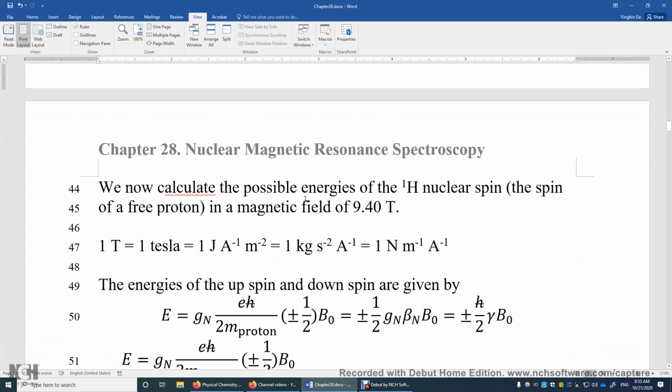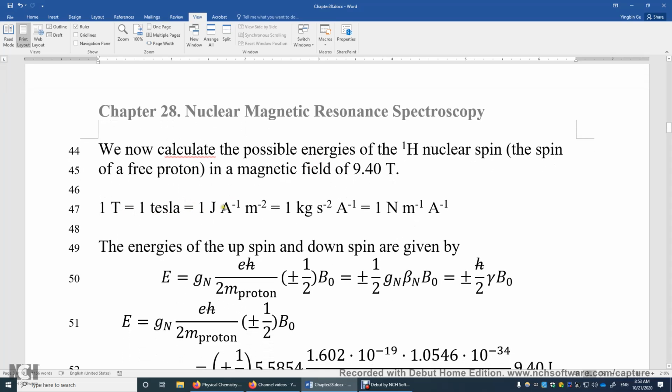So let's calculate the possible energy levels for the hydrogen nuclei in a magnetic field of 9.40 Tesla. One Tesla is 1 joule per ampere per square meter, or 1 kilogram per second squared per ampere.